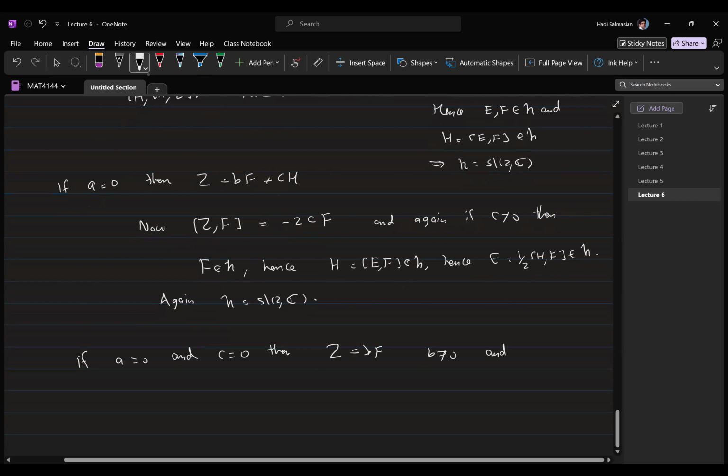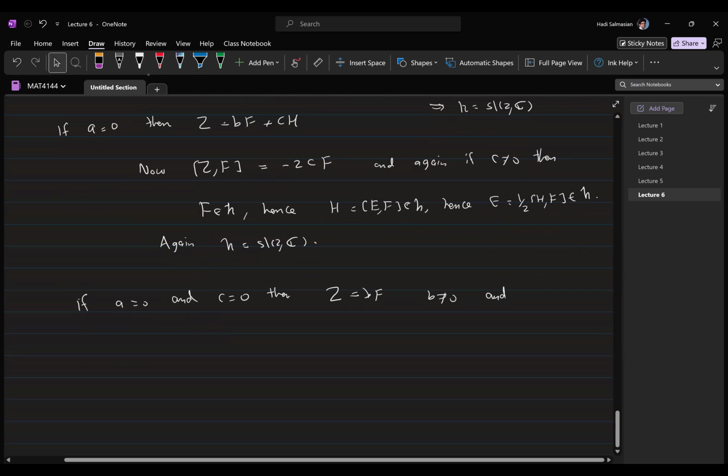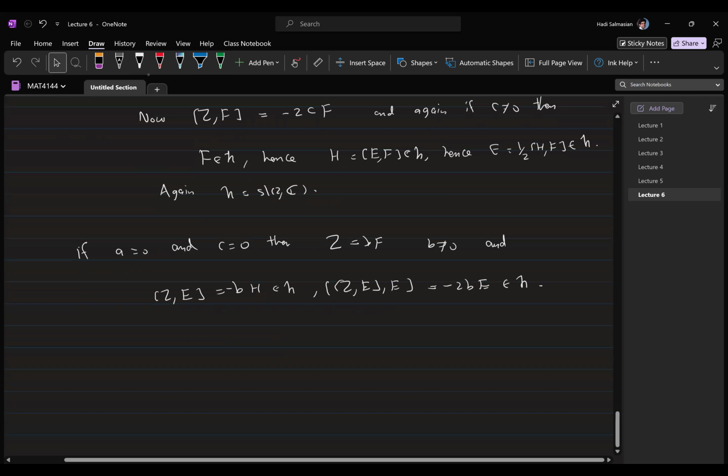This time again, you can just take the commutators with E. So again, we get this SL2C.